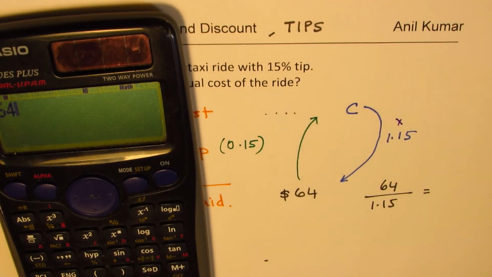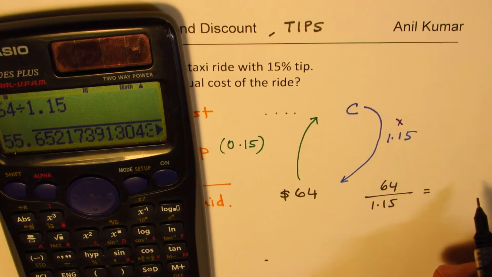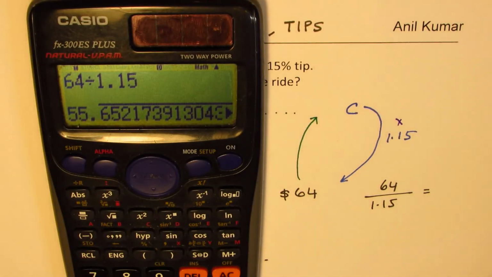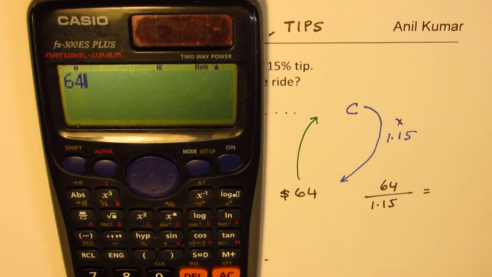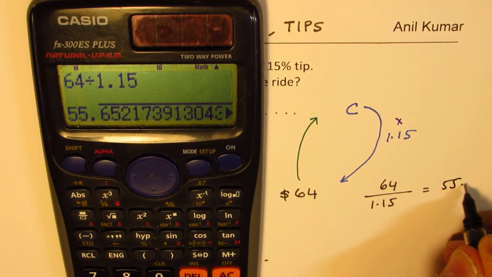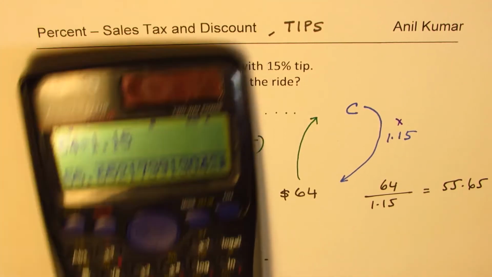I get 64 divided by 1.15, and this gives me, in decimals, some weird answer, which is 55.65, right? Let's do it again. So I paid $64, okay, 64 divided by 1.15 is giving me 55.65. Okay, we'll keep this.